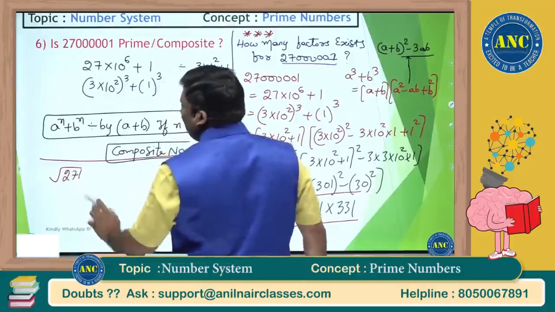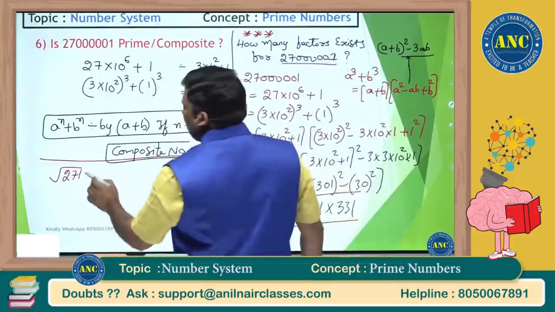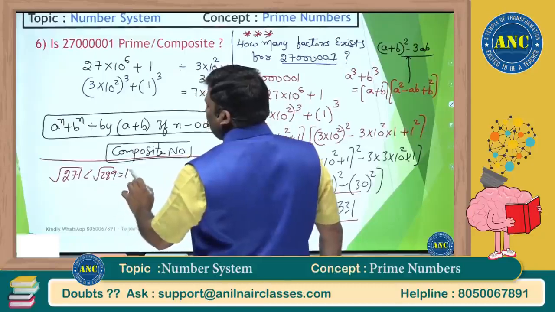Root of 271: 16 square is 256, 17 square is 289, so root of 271 is less than 17.